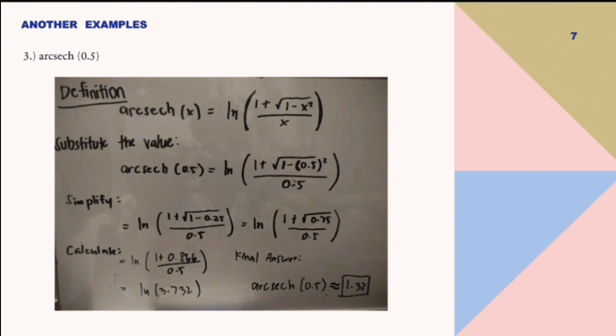To calculate, ln((1 + 0.866)/0.5) equals ln 3.732. So the final answer is arcsech 0.5 equals 1.32.